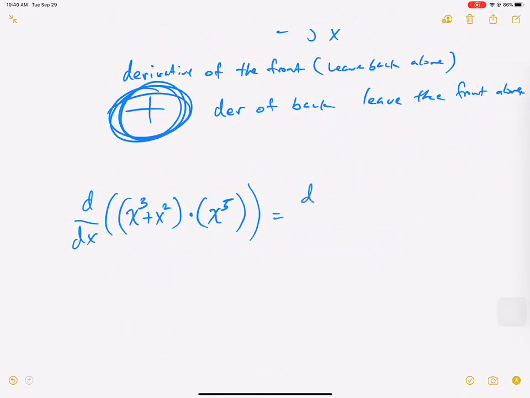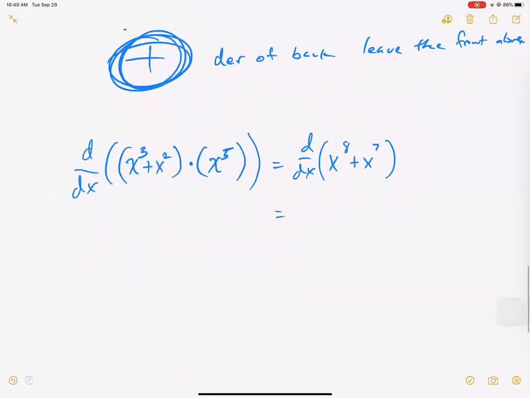This is the derivative of x to the eighth plus x to the seventh, and we can do this derivative very quickly: 8x to the 7 plus 7x to the 6. Using the power rule, we multiply our function to simplify it, and the derivative of addition means you take the derivative of each term separately. Anyone have a question on this part?